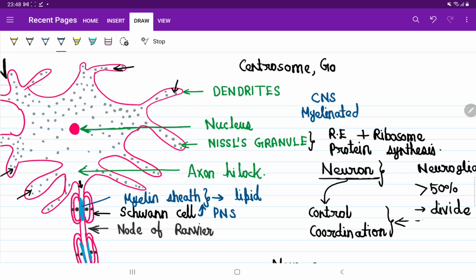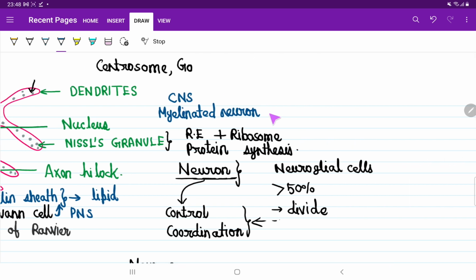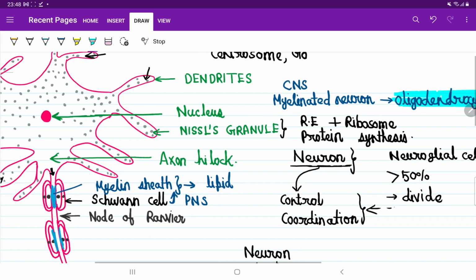So the myelin sheath of the myelinated neurons is secreted by oligodendrocytes. So oligodendrocytes secrete myelin sheath in the central neural system. It doesn't mean that Schwann cells are not present in the central neural system. Even if Schwann cells are present, oligodendrocytes secrete myelin sheath. I hope my point is clear to you all.